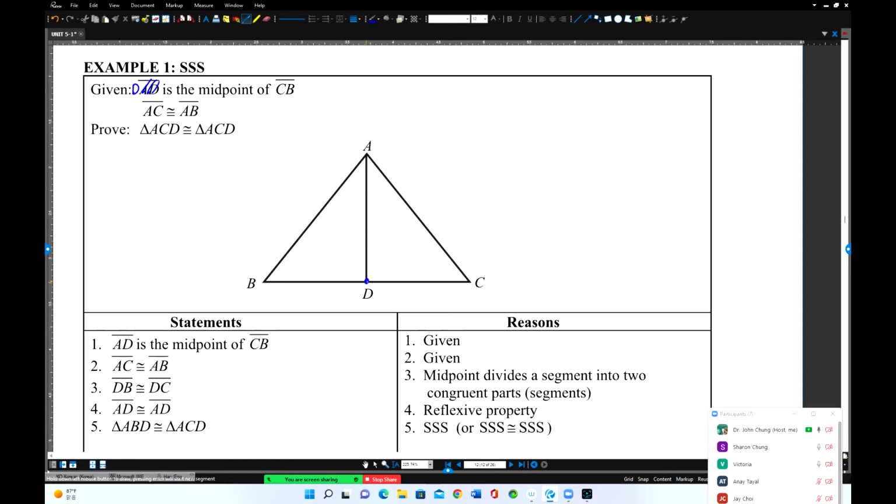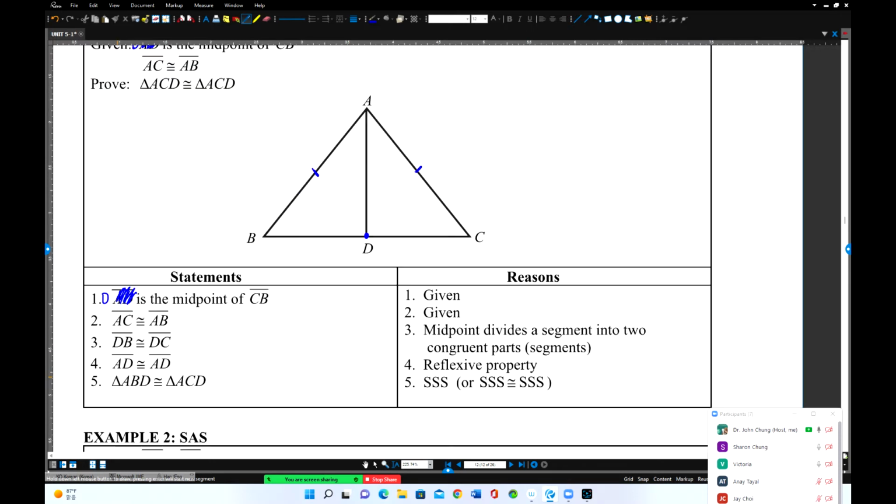D is the midpoint, and AC and AB are equal. Sorry, I think this is wrong. D is the midpoint of CB. Now, this is already given, right? One side is given already, and using the midpoint, these 2 sides are congruent.